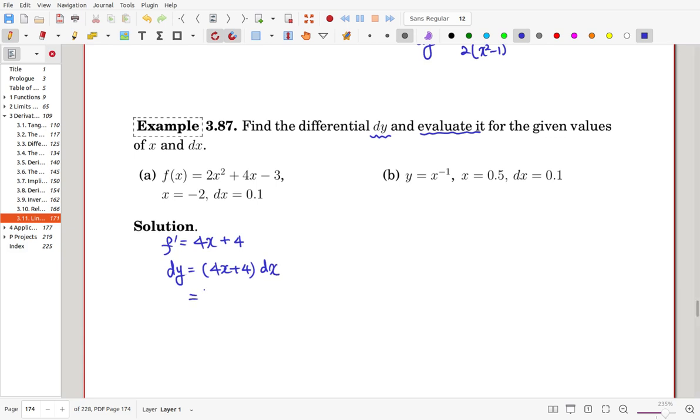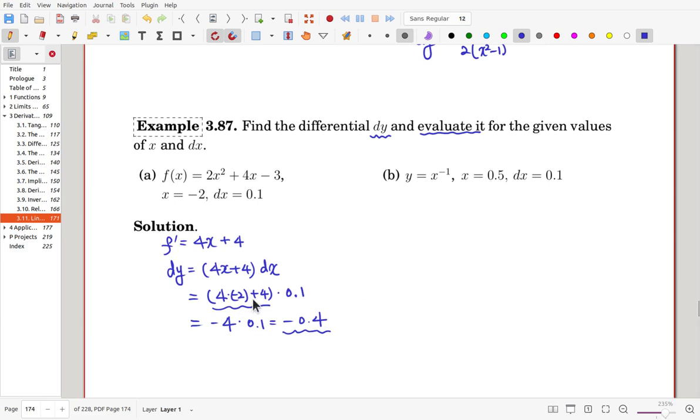Now x is given as minus 2. So here 4 times minus 2 plus 4, and dx is given 0.1. So the first portion is minus 4 times 0.1, which is the same as minus 0.4. It's not so complicated.